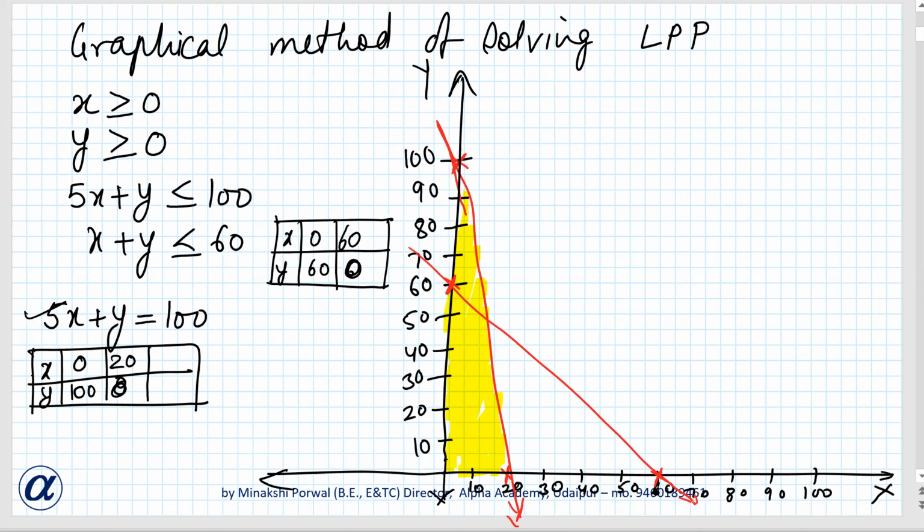Now again the same question, whether we are talking about this region or this region. For this, we choose any one point on either side of this line, and if that point satisfies the inequality, then that point is part of this shaded region. So when x is 0, y is 0, both are 0, this is less than 60, it is true. That means the region they are talking about is this region.